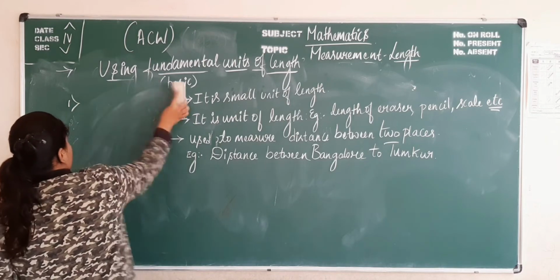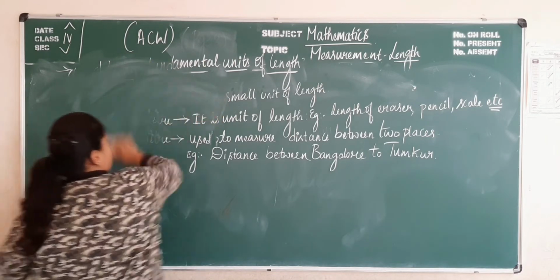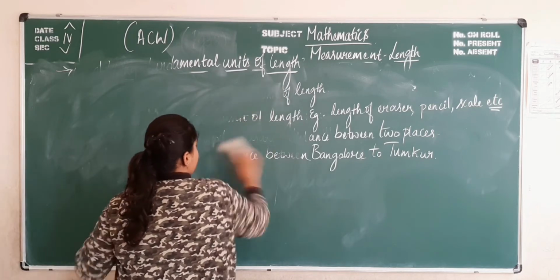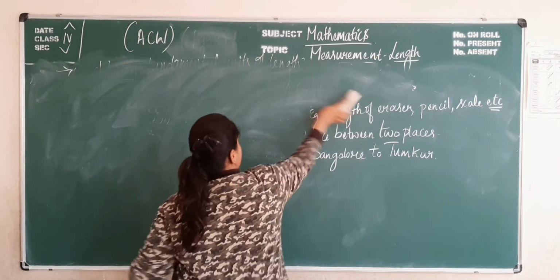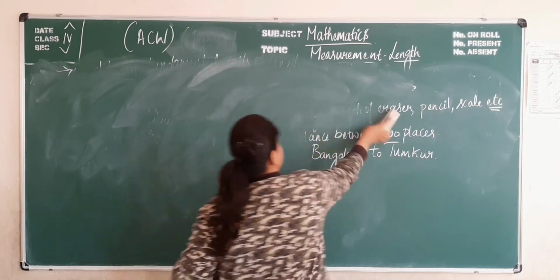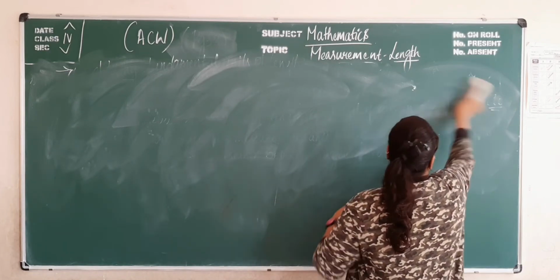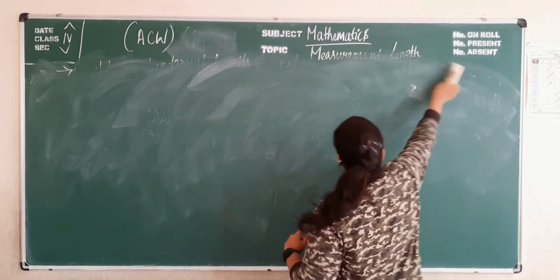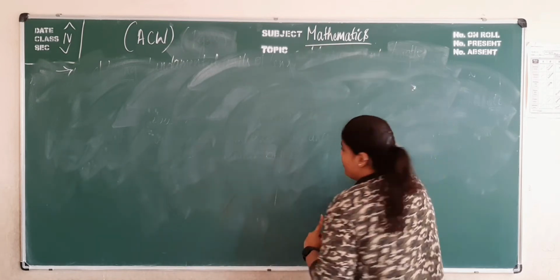So, which are the fundamental units of length? Yes. Millimeter. Next? Yes. Centimeter. Then? Yes. Kilometer. So, which unit of length is used to measure distance between two places? Very good.